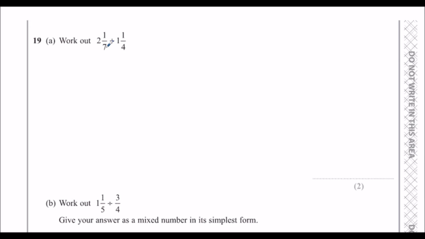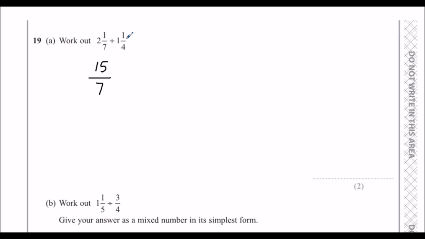A whole is 7 sevenths, so 2 wholes are 14 sevenths, and so we've got 14 sevenths and 1/7, which is 15 sevenths. 2 times 7 is 14, plus 1 is 15.